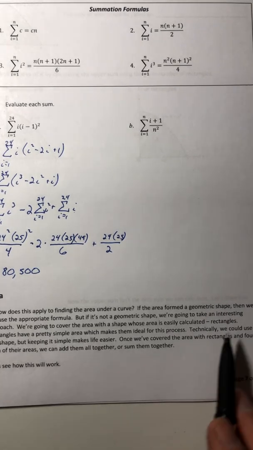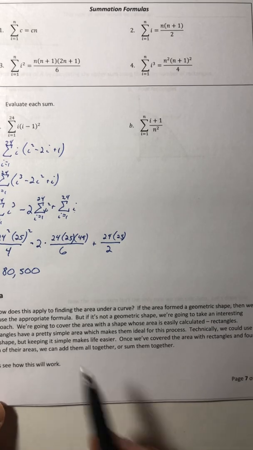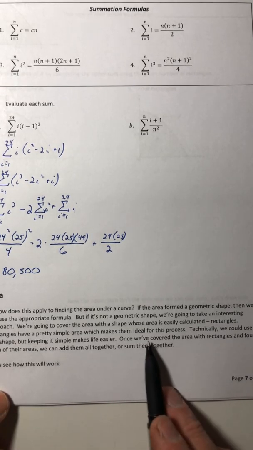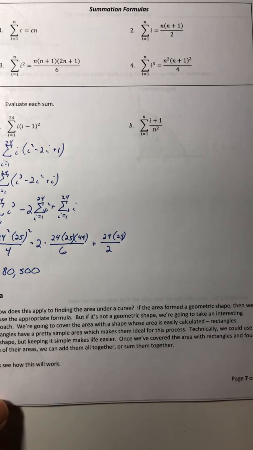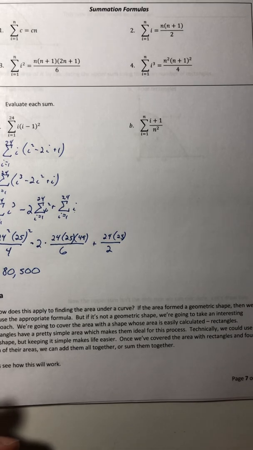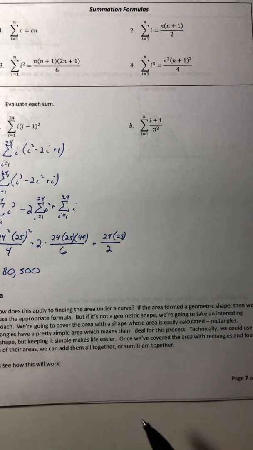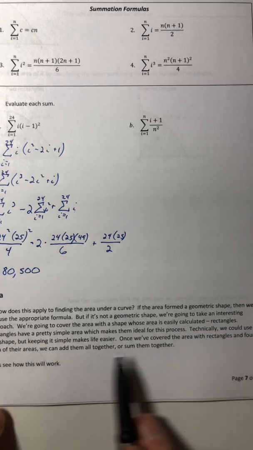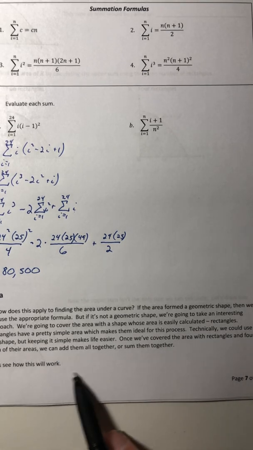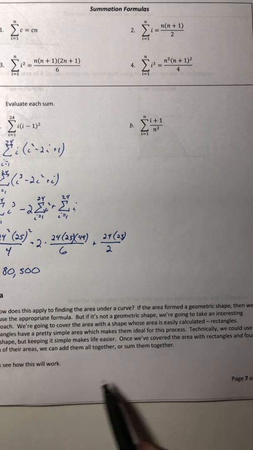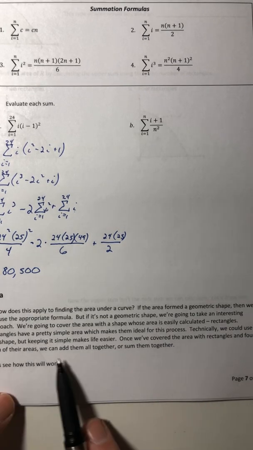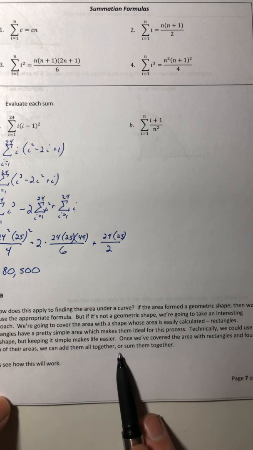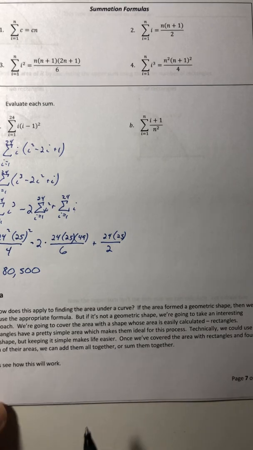No fractions, just base times height. They have a pretty simple area, which makes them ideal. You could use any shape you wanted, but again, you're trying to be nice to yourself. Once you've covered that area with rectangles and found each of their areas, you're going to add them all up or sum them all together.